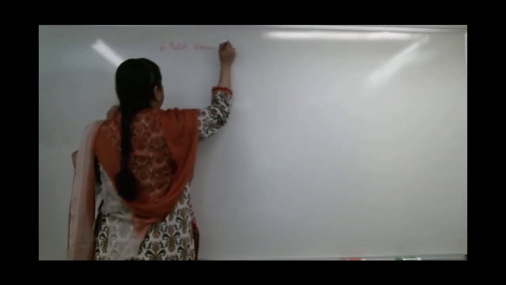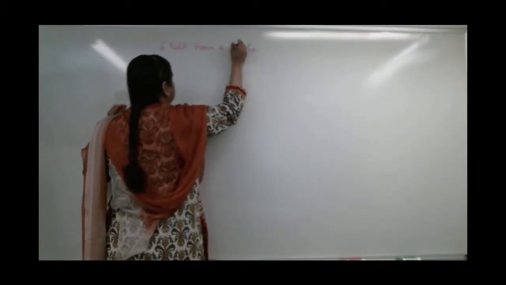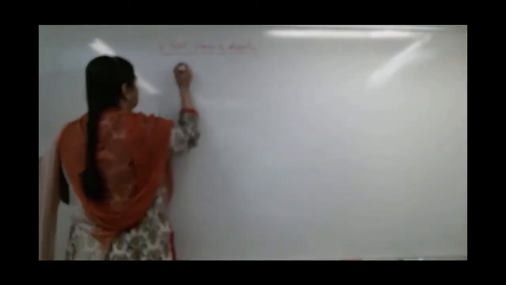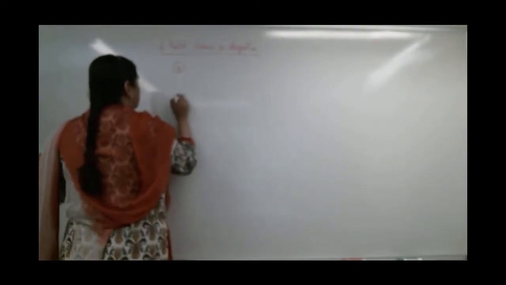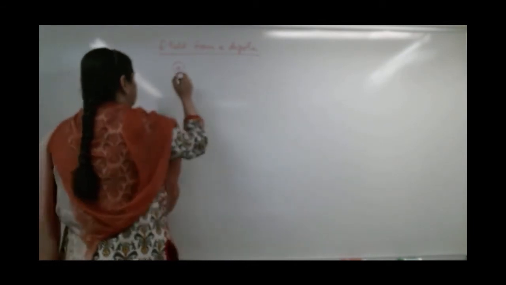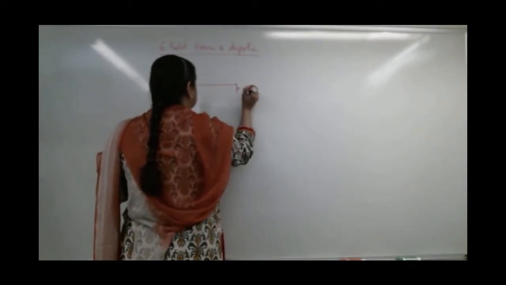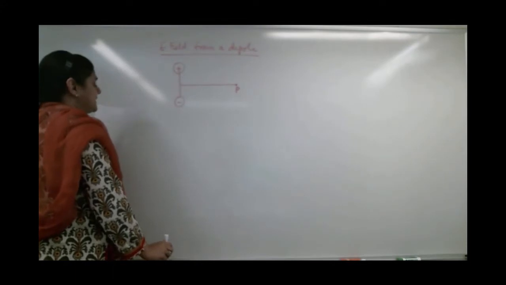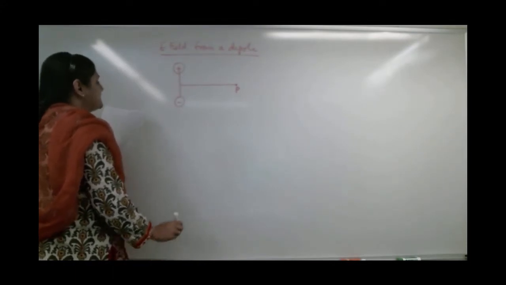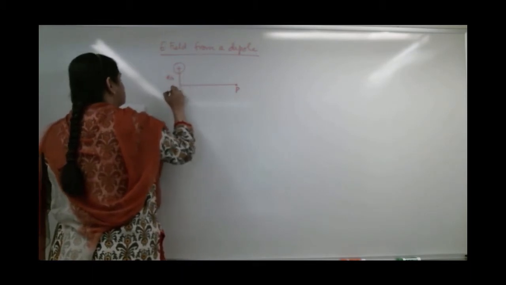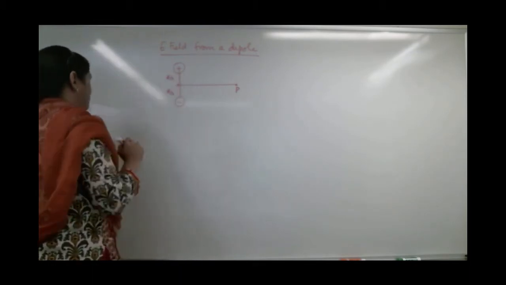So let's solve the problem of the electric field from a dipole. A dipole is a plus and minus charge, so we have a plus charge here and a minus charge here, and we know the dipole moment is going to point from the negative to the positive charge. So this is the dipole moment. I want to find the electric field at point P away from the dipole. The distance between the two charges is d, so this is d over 2 and d over 2.